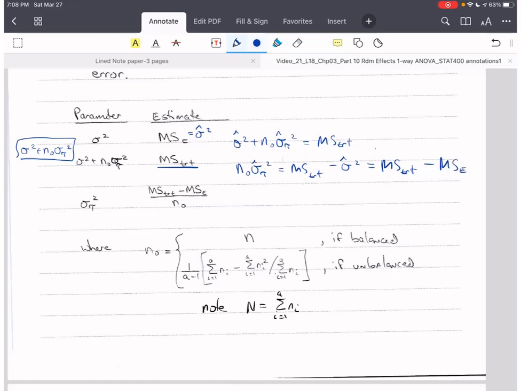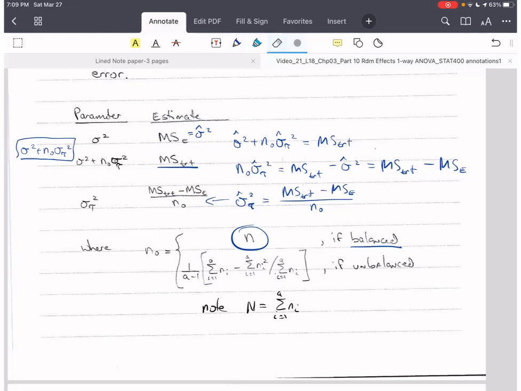Then I need to divide by n naught, and so I have sigma tau hat squared equals MSTRT minus MSE over n naught, which is exactly what we have here. Now n naught, if we have a balanced design, is simply n, because n1 equals n2 equals na equals n.